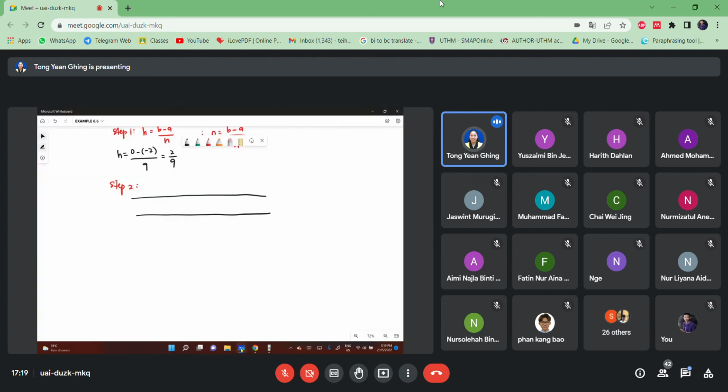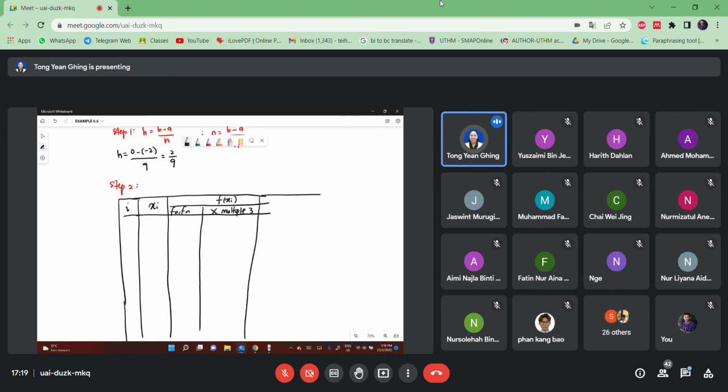I go back to just now, this one. Just get i and then xi. So this one I also key in. One is f naught and fn, then this one is not a multiple of 3, and then another one is a multiple of 3.